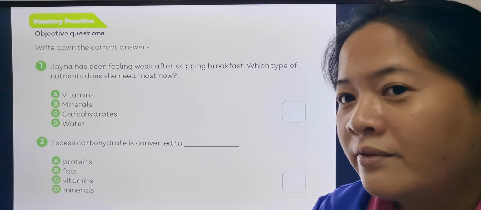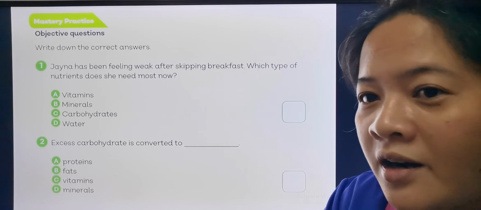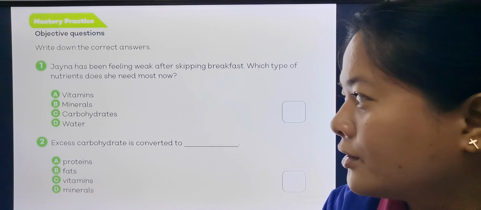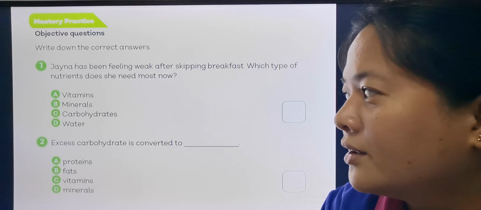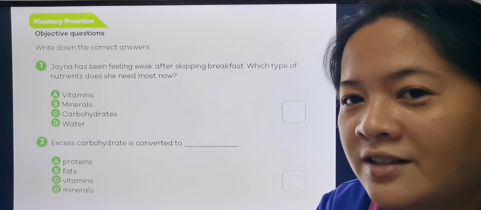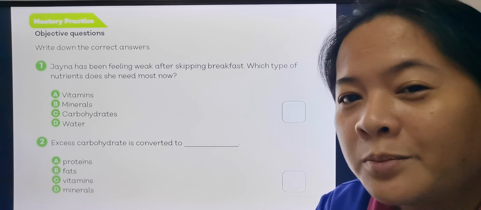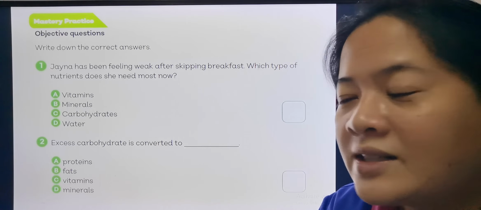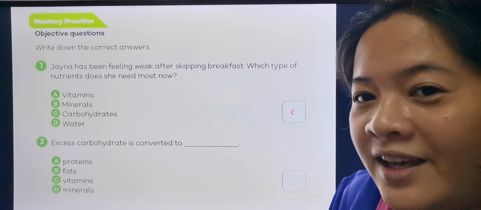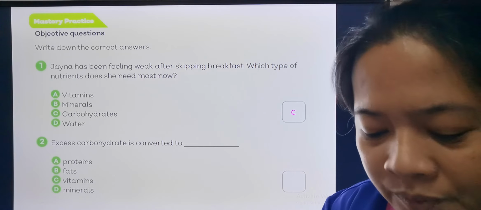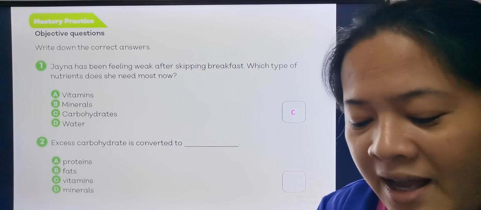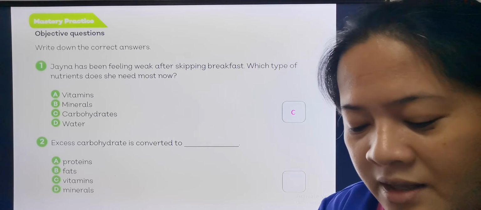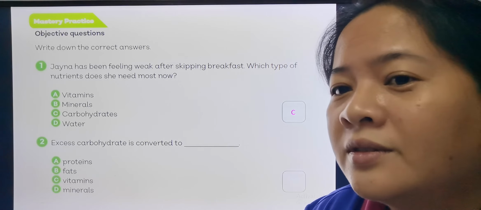Okay, vitamins, minerals, carbohydrates, or water? Okay, it's very easy. She needs what nutrient provides energy? She needs carbohydrates. Okay, so it's letter C. Number 2, excess carbohydrate is converted to blank.